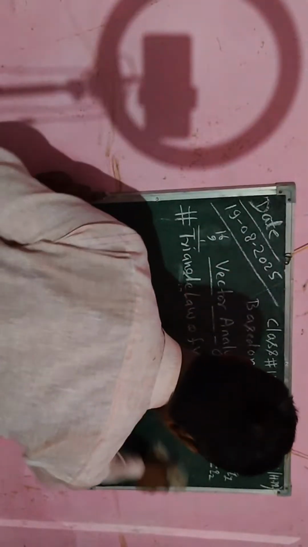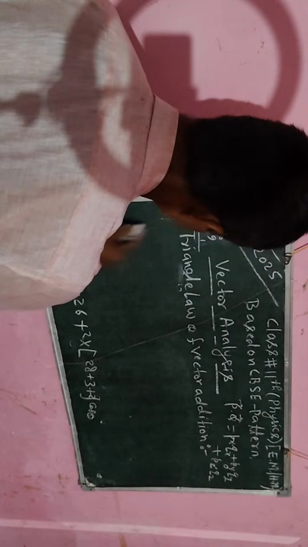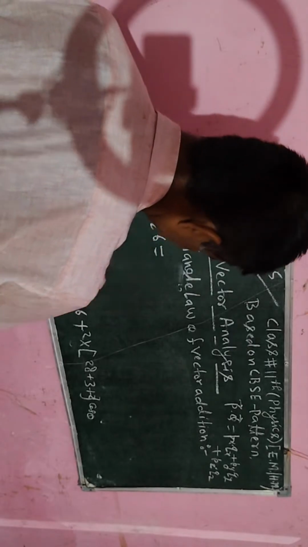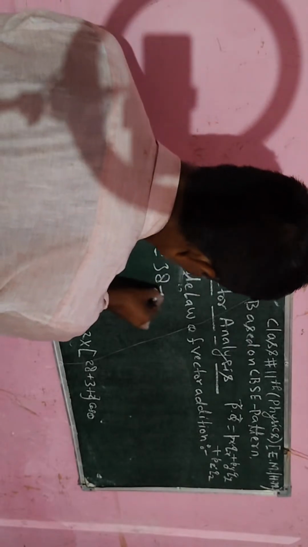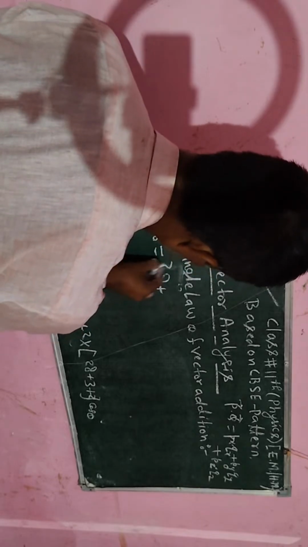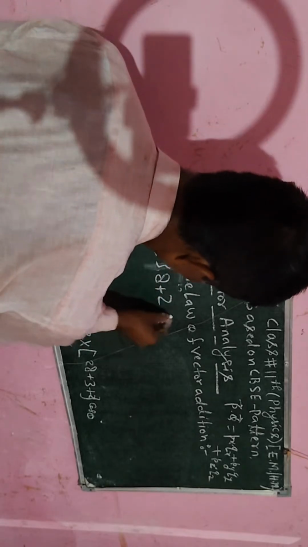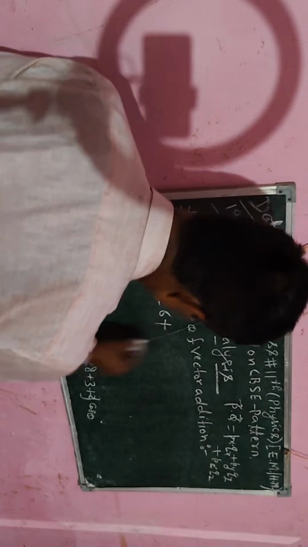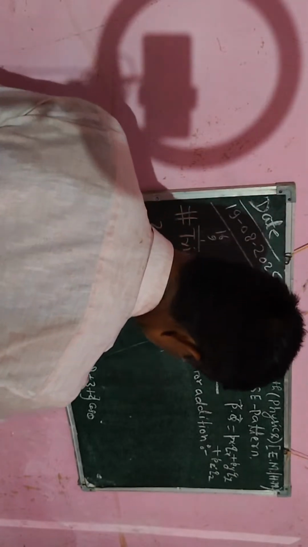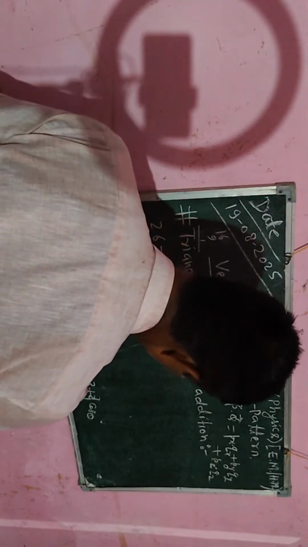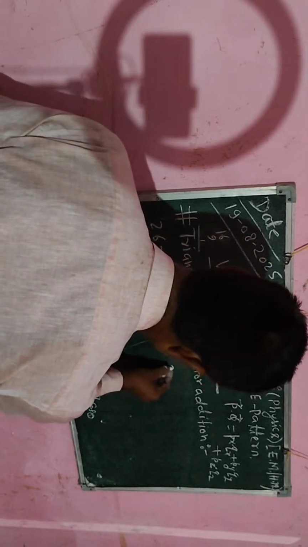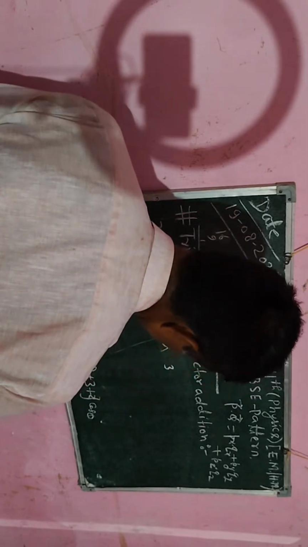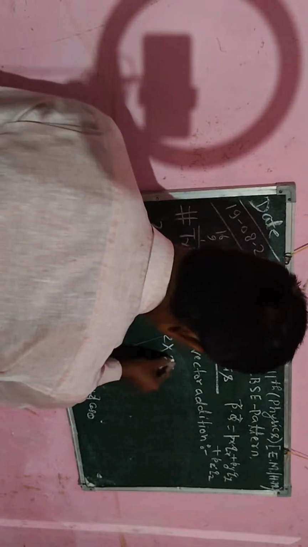So its value will be as I will write here 36, which is equal to 38 plus 26 plus here 2 into, so 3 5 5 into 5 8 5 13, and this is 30.